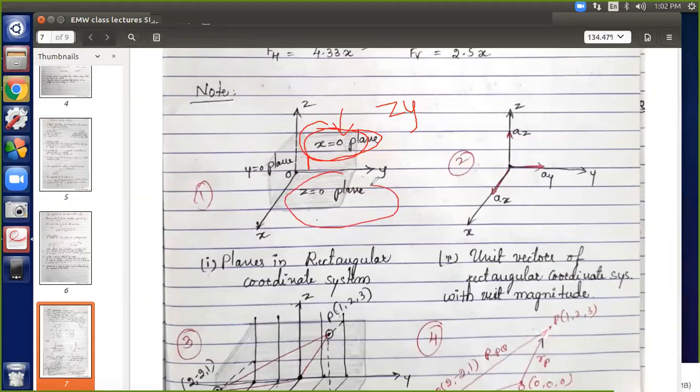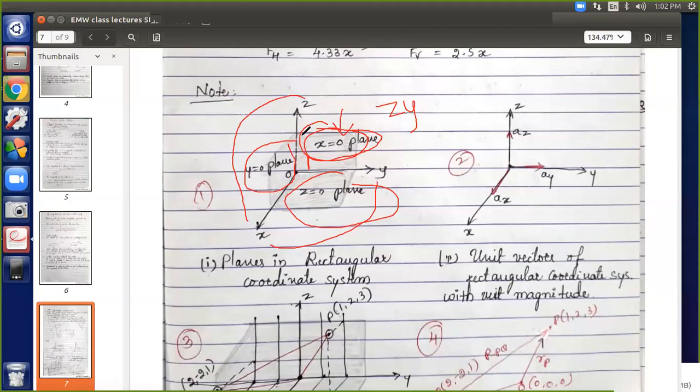Similarly, this is your ground floor, the z equal to 0 plane or XY plane, and this is the other side wall, the y equal to 0 plane or XZ plane. This is how the arrangement looks.